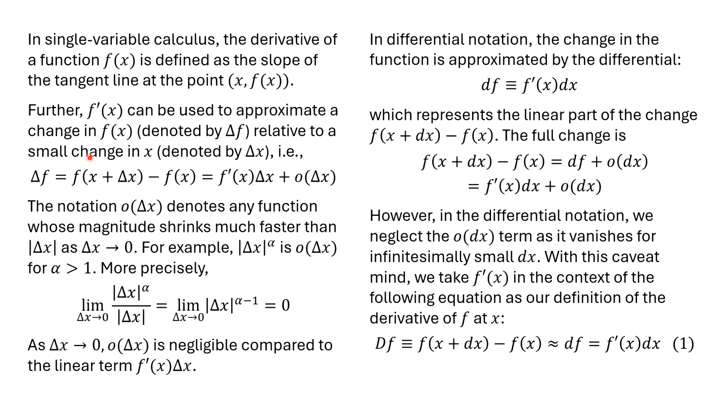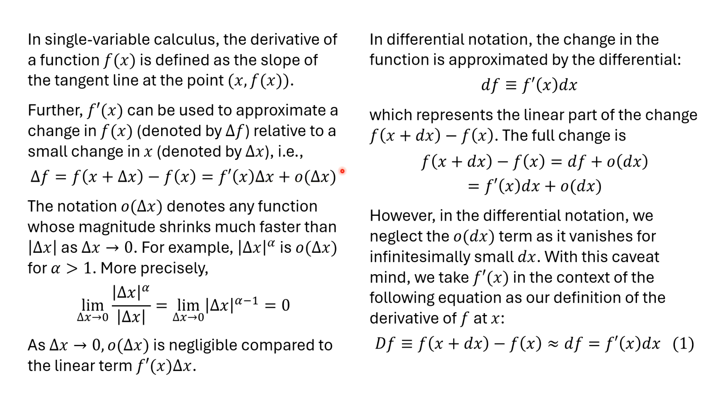This is the exact change, and then this is also exact, except the way it's written, it's the derivative of f at x times delta x, and then this thing here, which is called little o of delta x, or these are higher order terms. They come from the Taylor series. So they're things like delta x squared, delta x cubed, delta x to the fourth. They go to zero very quickly, more quickly than delta x.